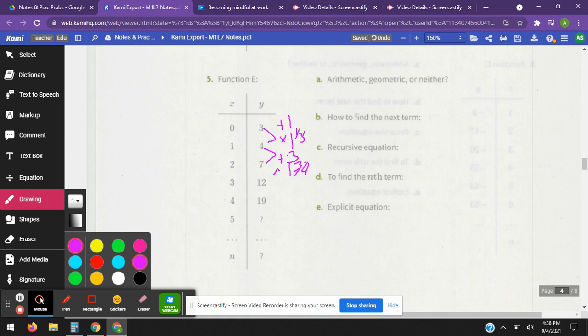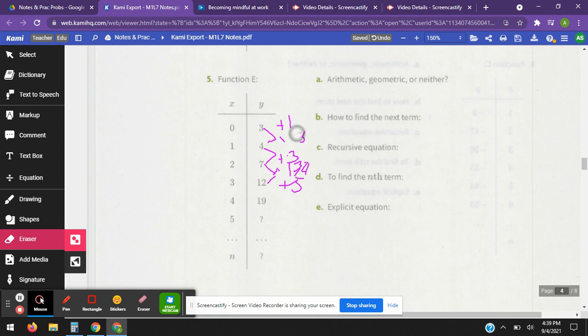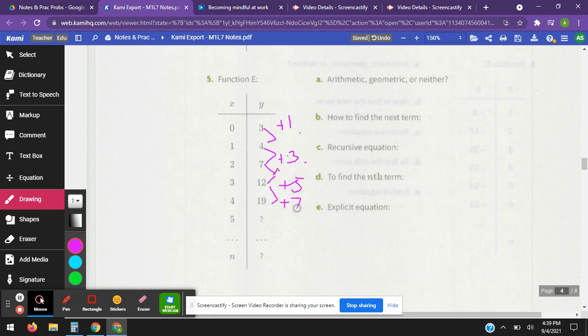Because once and 3 more fourths of it. This is a plus 5. So I see a pattern with my plussing. This one's a plus 7, so it's plus 1, plus 3, plus 5, plus 7, but that's not consistent. And the multiplication wasn't consistent, they're all over 1, but they're not the same.